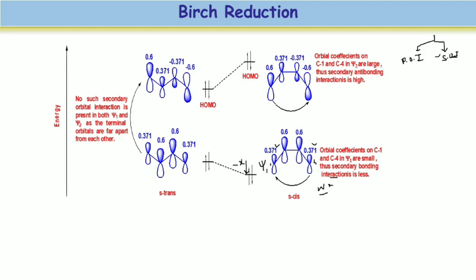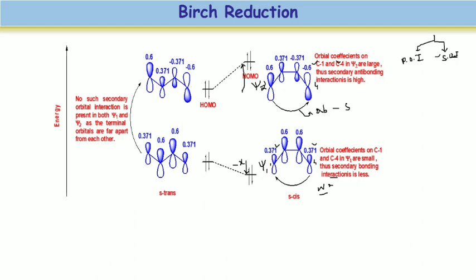Now in case of psi 2, that is the HOMO, the orbitals present at carbon 1 and carbon 4 are also close to each other, but their lobes are not matching. So this will basically lead to a secondary antibonding interaction. But this interaction is very strong because the orbital coefficients on carbon 1 and carbon 4 are large, right? So this secondary antibonding interaction will increase the energy of psi 2.